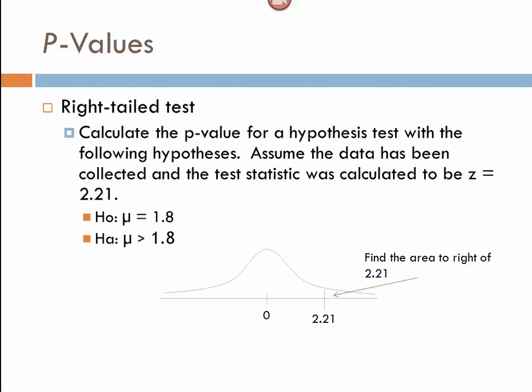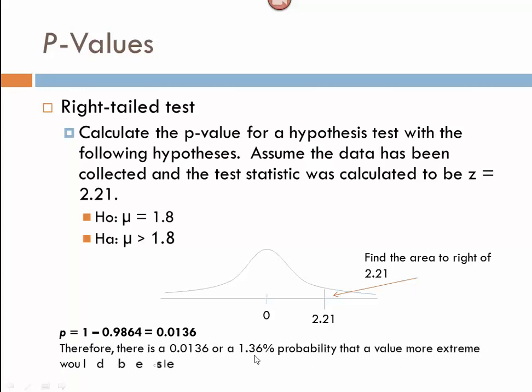Using normal CDF, 2.21, comma, something more extreme, comma, 0, comma, 1, gives us a p-value of 0.0136. Therefore, for this problem, we would say there's about a 1.3% probability that, if indeed the null was true, that it is located right about here, that we would land where we did or possibly further to the right.